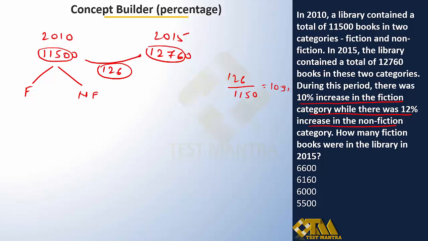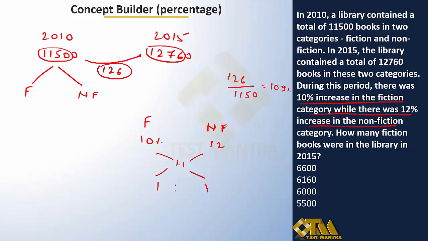So what I can do here is, it is given that the increment for fiction and non-fiction is 10% and 12%, and the overall value is approximately 11%. Assuming the value is 11% for the time being, that means the distribution should be in the ratio of 1:1. So how many fiction books were in the library in 2015? I should find out how many there were in 2010, and then increase the value.